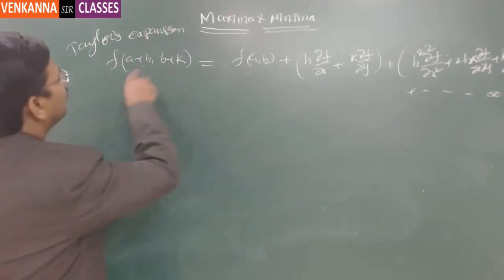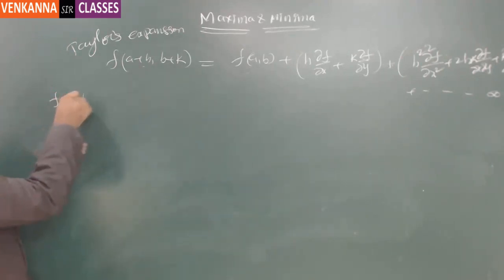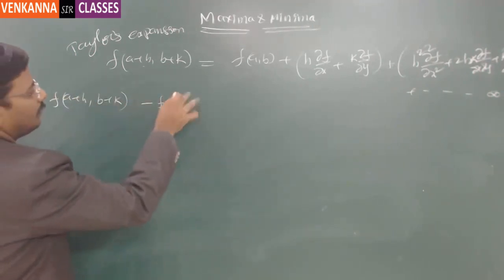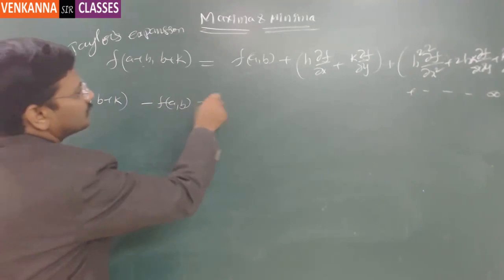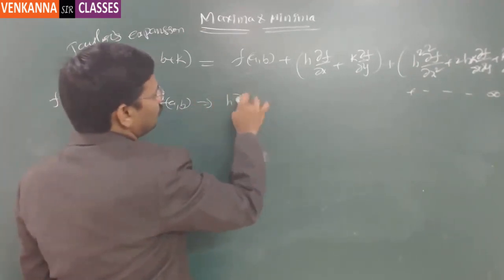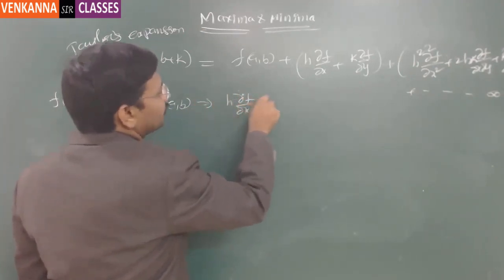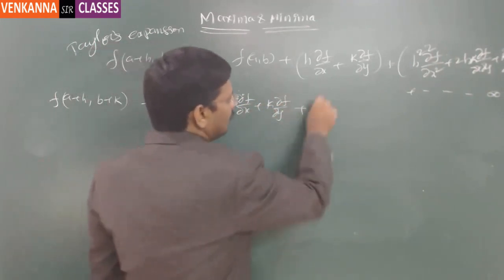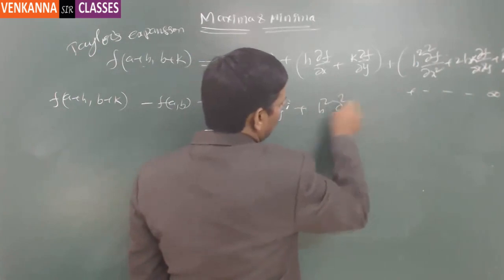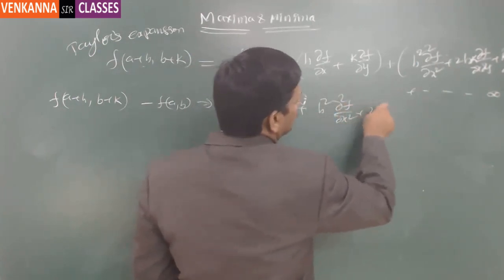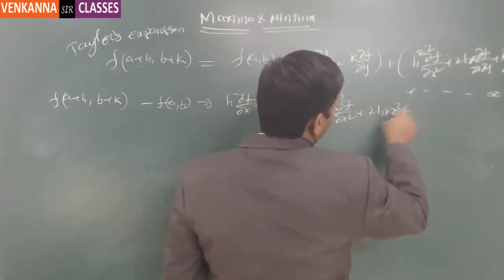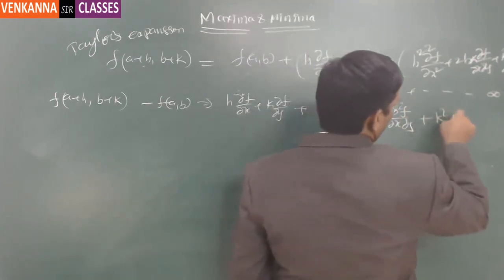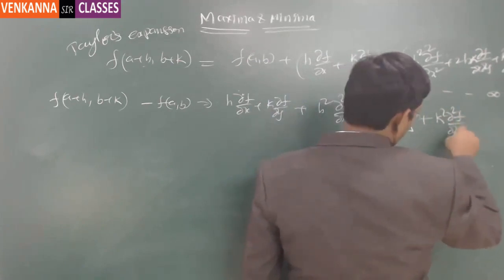So now if you take the difference, that is f(a+h, b+k) minus f(a, b), this value is coming out to be h ∂f/∂x plus k ∂f/∂y plus h² ∂²f/∂x² plus 2hk ∂²f/∂x∂y plus k² ∂²f/∂y².